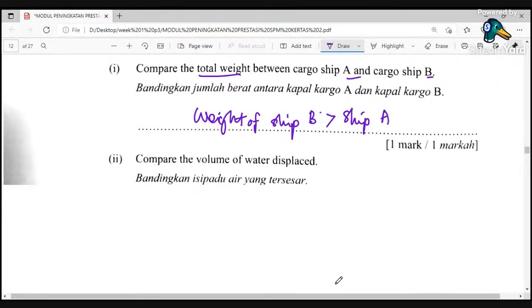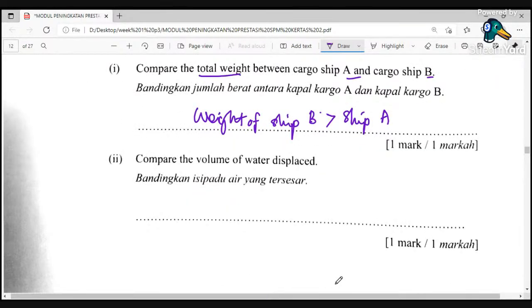Volume of water displaced equals to the submerged part of the ship. Bahagian bawah permukaan tu ship yang tenggelam tu berapa?